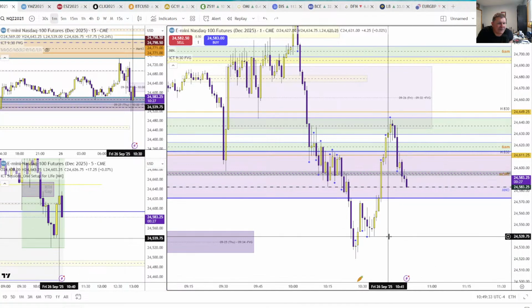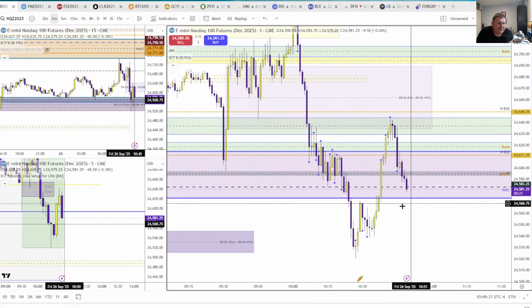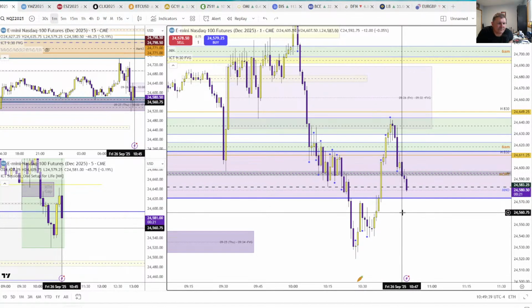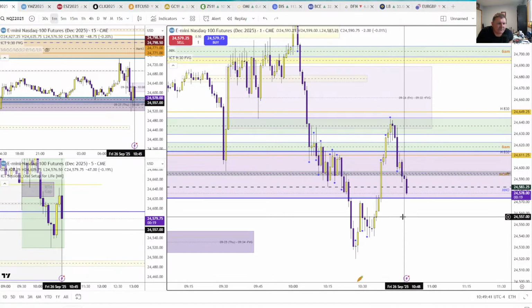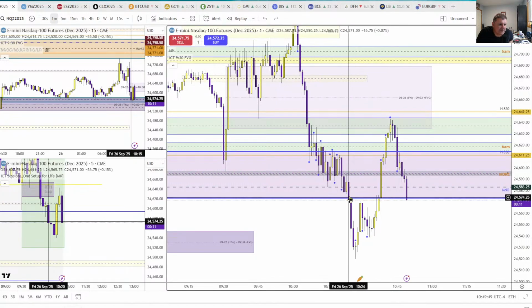Now 11 o'clock usually takes a run on the last 10:30 liquidity. There's number 2. And there's our box to box.